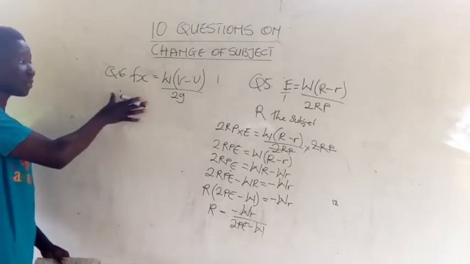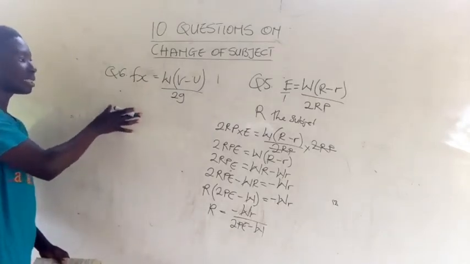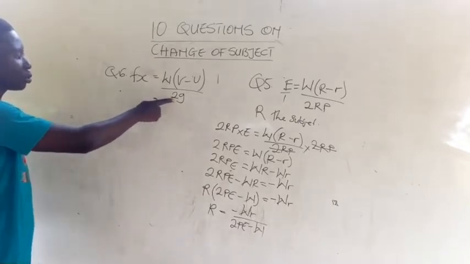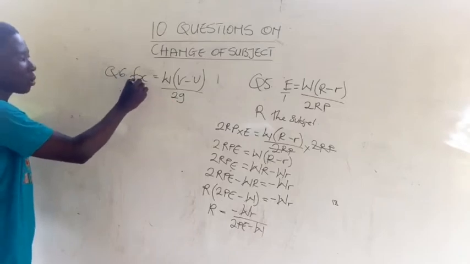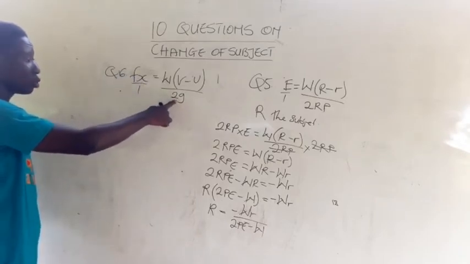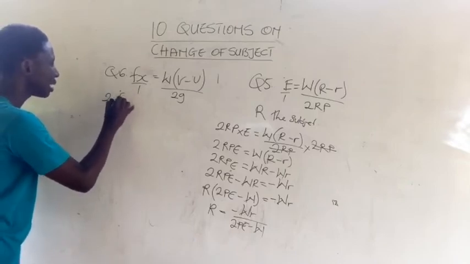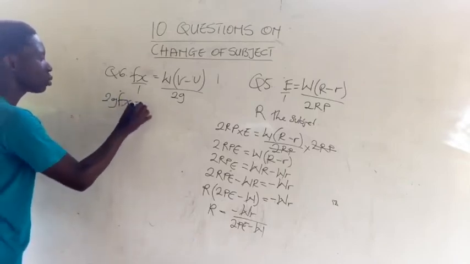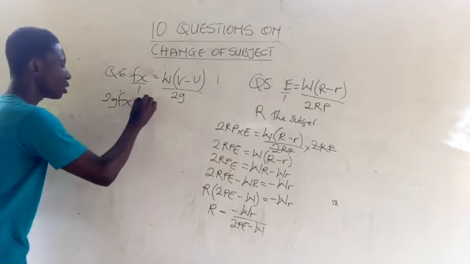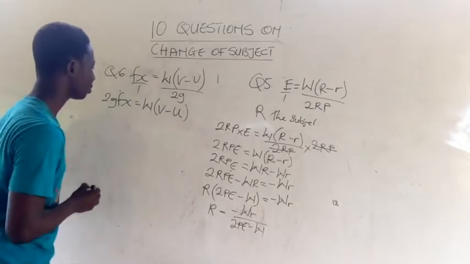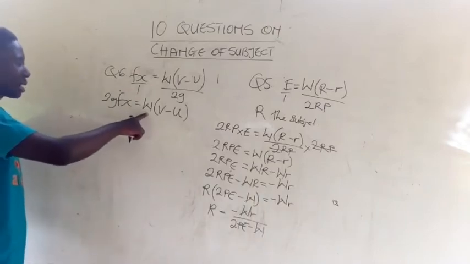So I'm leaving this for you guys to solve, or let me solve it myself. So this one, 2 times this side, because the LCM is going to be 2g. So 2g times this term, you are going to get 2g fx is equal to W into v minus u.